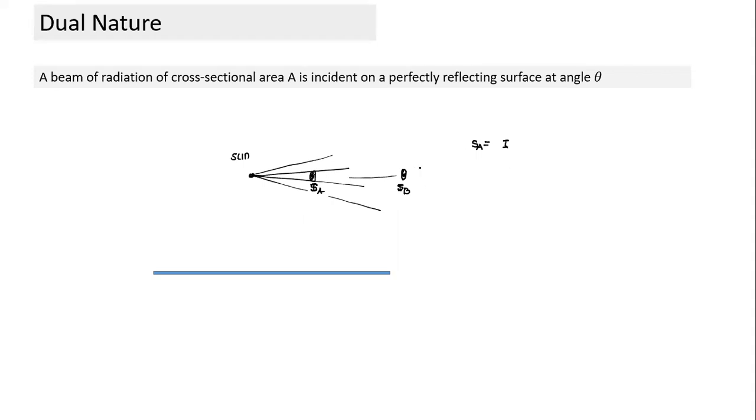So the intensities at A and B are different, because the rays are divergent. But when we come to a large distance, the rays are almost parallel. Does it make sense? Why do we say the rays are almost parallel?